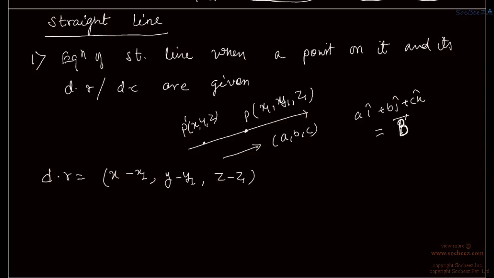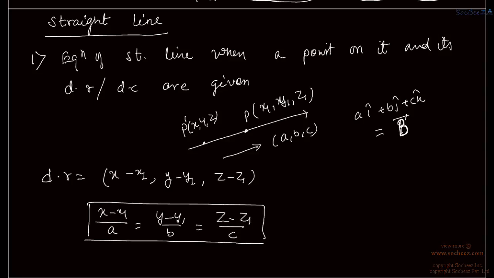This is the direction ratio, and we have a direction ratio a, b, c, which is also the direction ratio of the same line. That means the ratio of these two are equal. So x minus x1 upon a is equal to y minus y1 upon b is equal to z minus z1 upon c. This is the equation of a straight line when a point on it and the direction ratios are given.